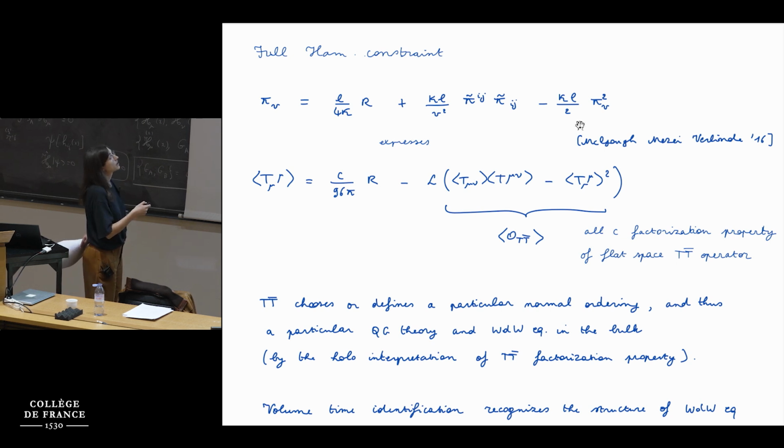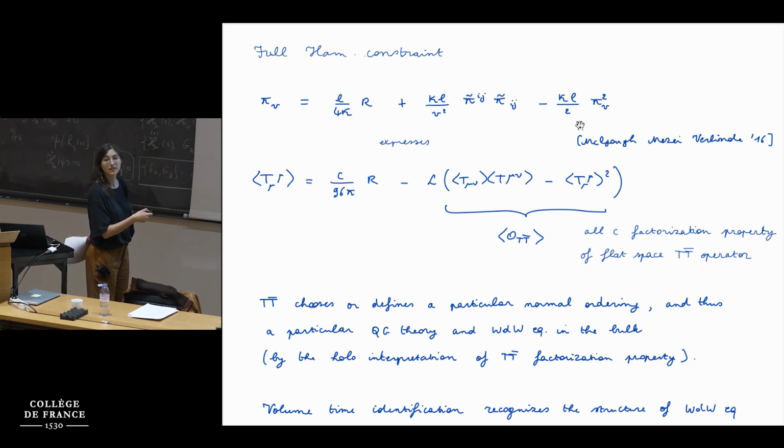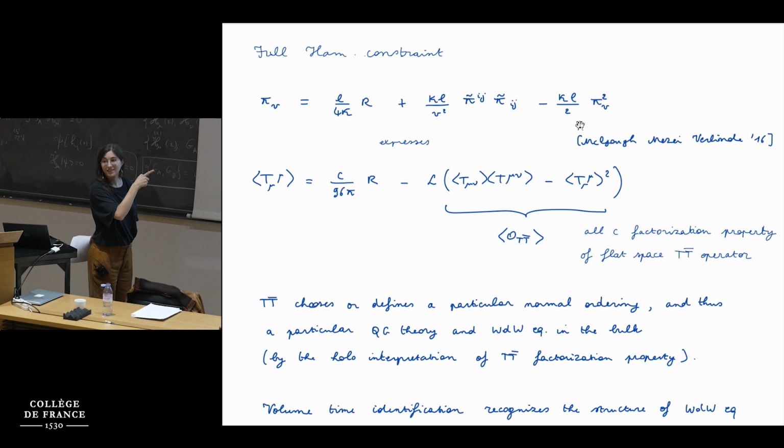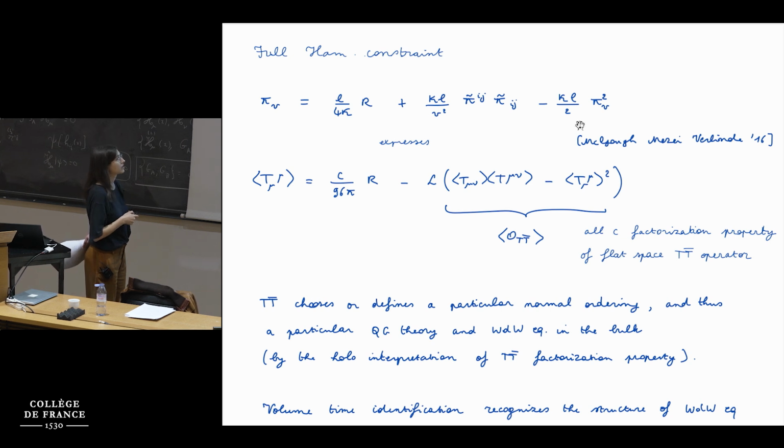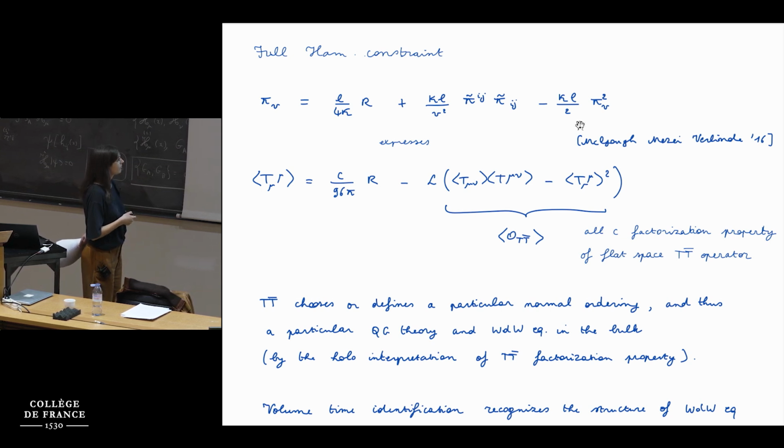The normal ordering that TTbar would suggest would be the one where you normal order this version of the Hamiltonian constraint, rather than the Schrodinger equation version where you would normal order a square root. So that would be a different theory actually, but the same asymptotically.